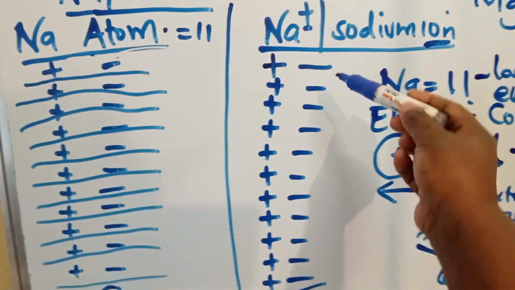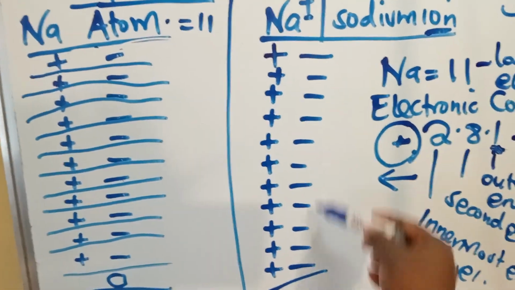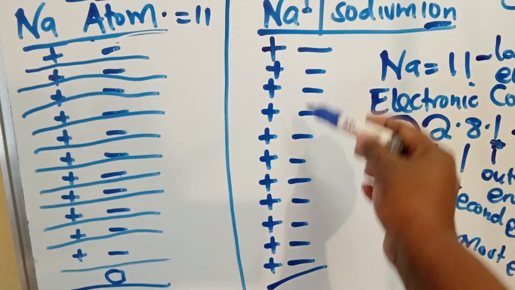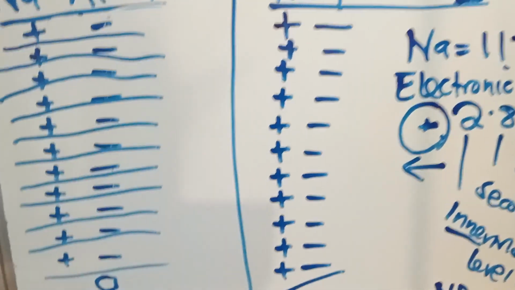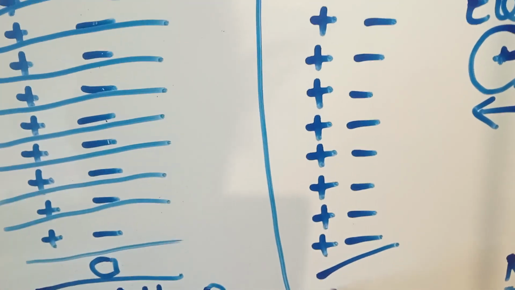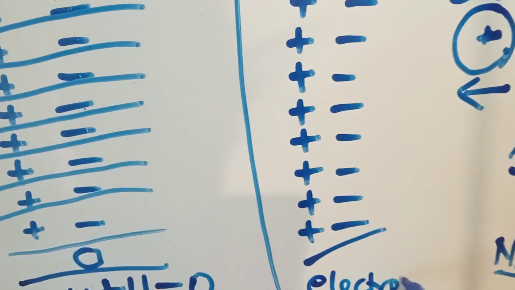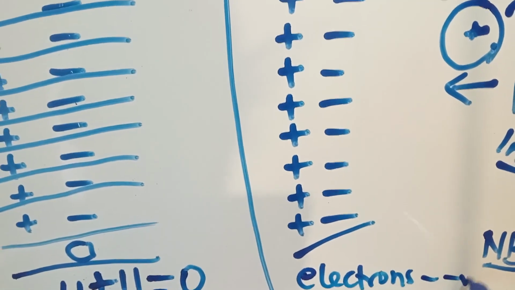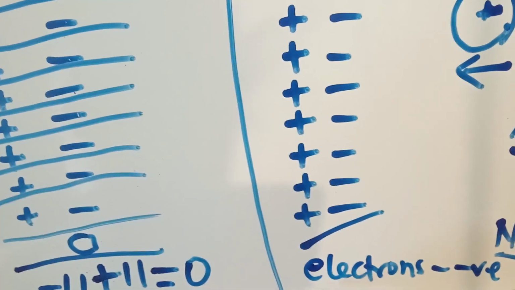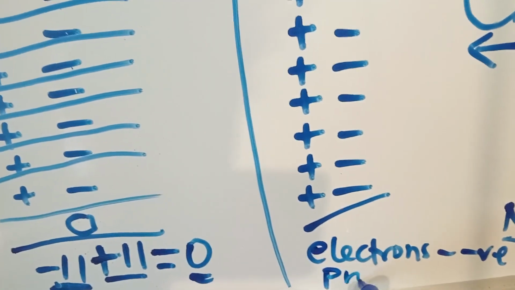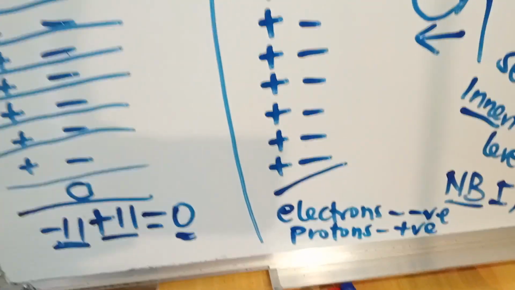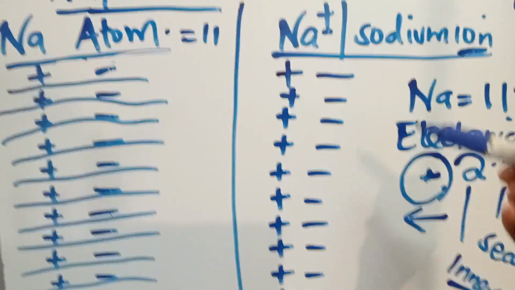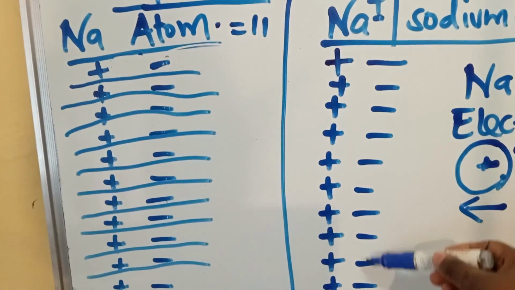The negatives are the ones showing electrons. So maybe that is another point to note, that electrons are the ones with the negative charge, and protons are the ones with a positive charge.